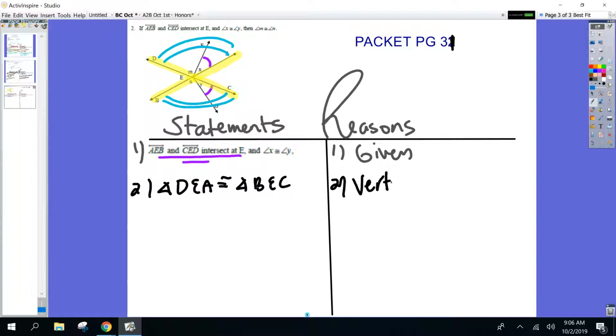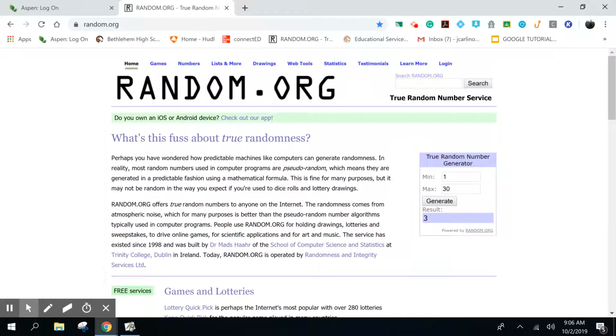Vertical angles are congruent. All right, where am I going here? Where's this leading me to get to m and n? We've discussed this. What can I do with these angles to get to m and n? Any ideas?